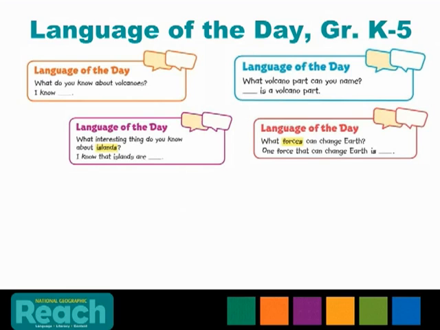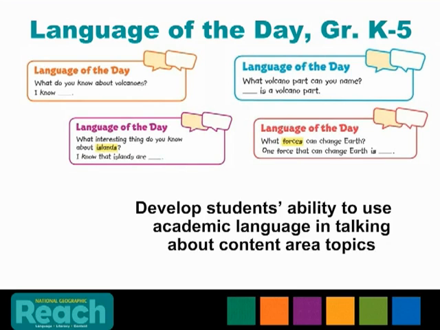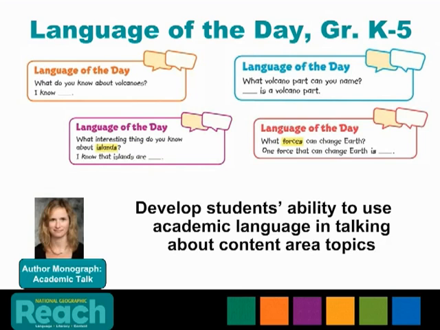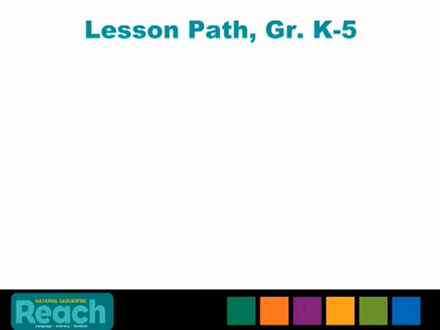They increase with more detail and with more complex language frames, with the key goal to develop students' ability to use academic language in talking about content area topics. With REACH, students are engaged in academic talk each and every day. To learn more about the importance of academic talk, read Dr. Noni Lesaux's author monograph titled "Turn Up the Volume on Academic Talk."